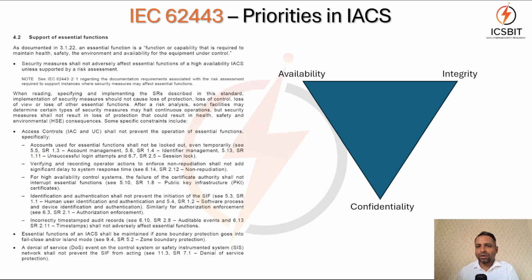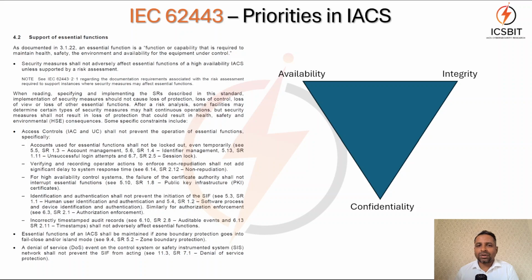Both of them together are also called access control. So if you are implementing access control, FR1 and FR2, in fact any of the seven FRs, then you must take care of this particular aspect, that is support of essential functions and safety instrumented systems or safety instrumented functions.